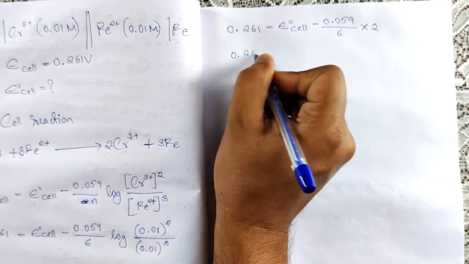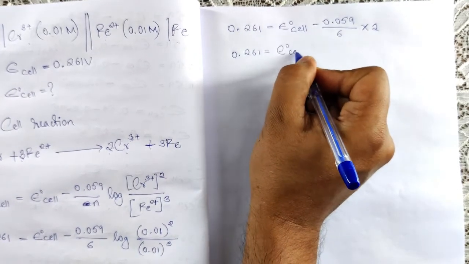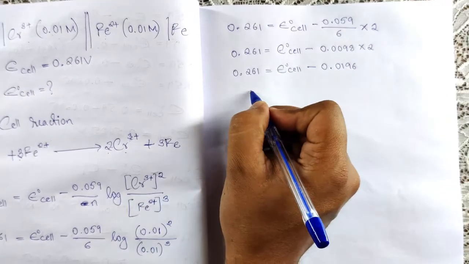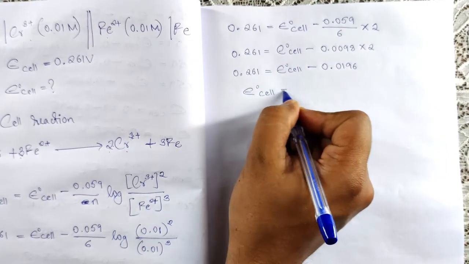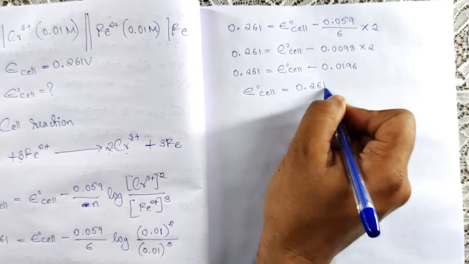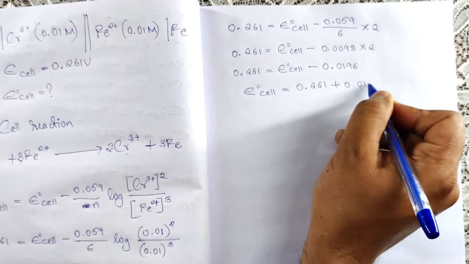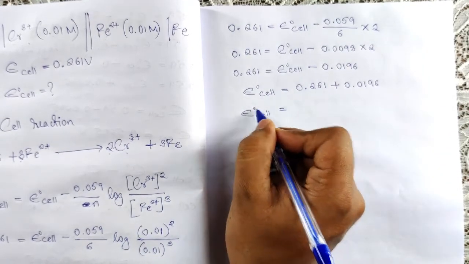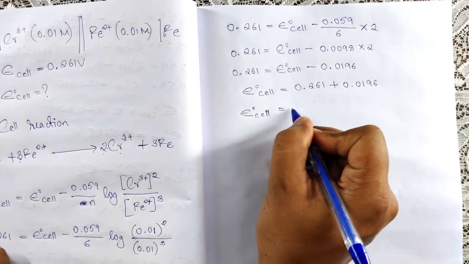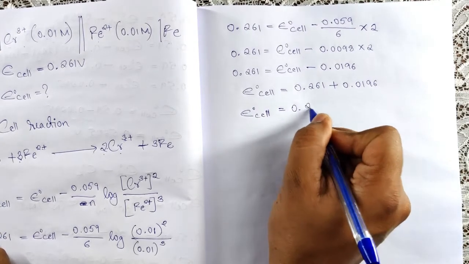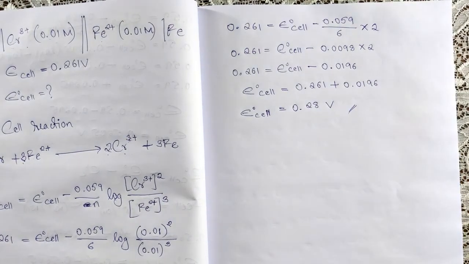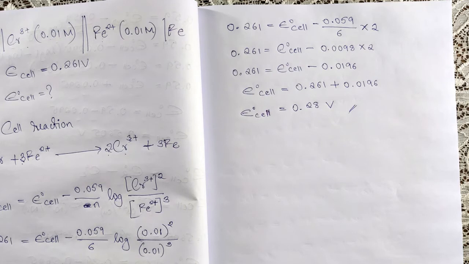So 0.261 is equal to E naught cell minus... so our E naught cell will be 0.28 volt. So this will be our E naught cell. So this is how we can calculate E naught cell after balancing the cell reaction.